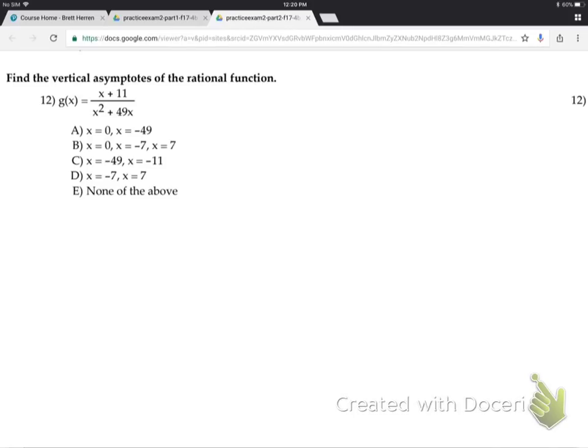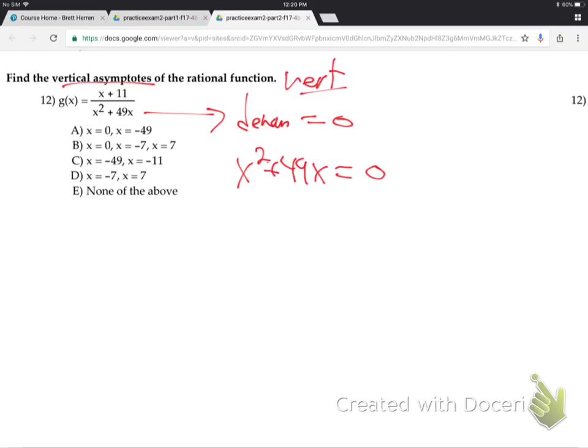All right, so how do you find the vertical? Factor if you can. We can't factor this. So then denominator equal to 0. That's how we find vertical, right? So x squared plus 49x equals 0. So for verticals, it's denom equals 0. It's just about like domain.